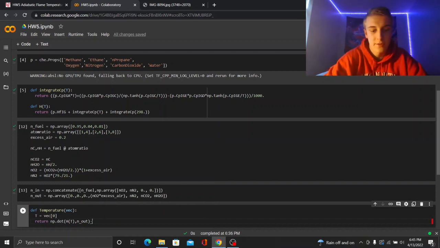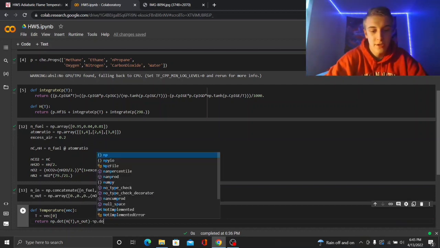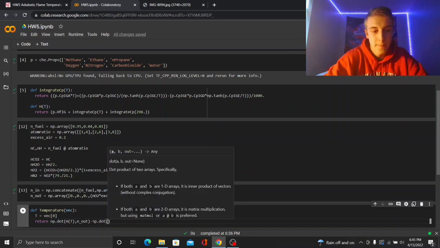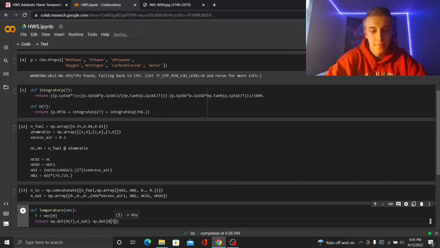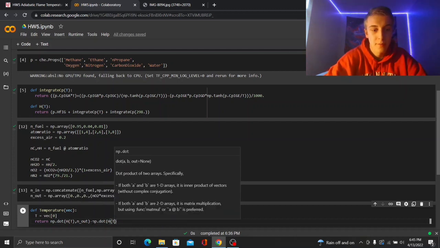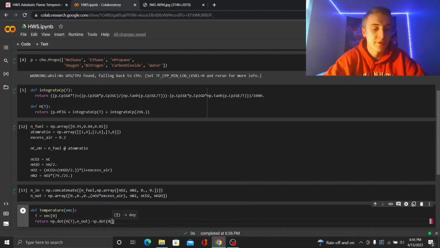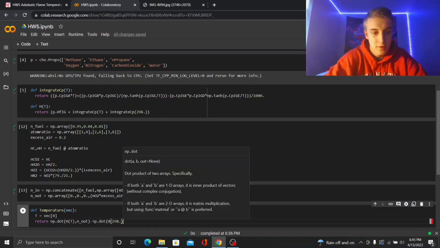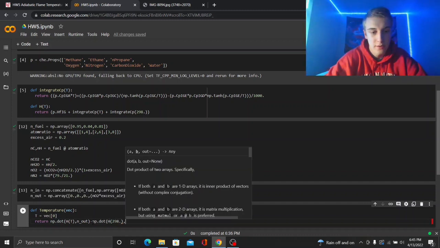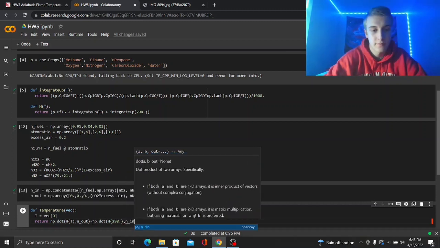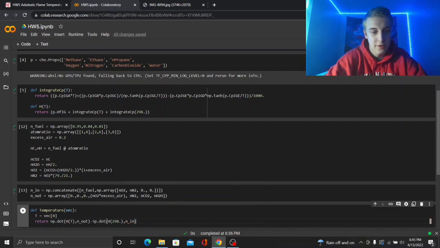And then that will be subtracted by another dot product between our enthalpy function, but this time at our room temperature that we were starting at, which was 298. And this time our moles in. And close off that parenthesis.